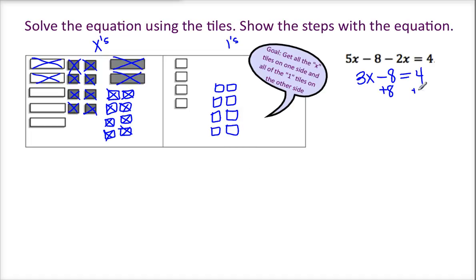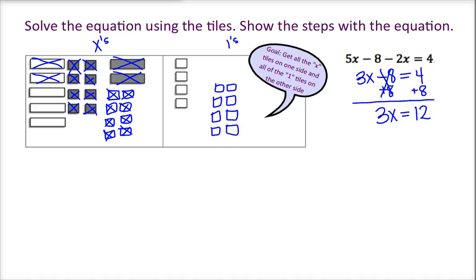So that means on this side I need to add a positive 8 as well. So let's see what that looks like now. We have 3x minus 8 plus 8. A negative 8 and a positive 8, that cancels out, that's 0. So we're left with 3x equals 4 plus 8, which is 12.